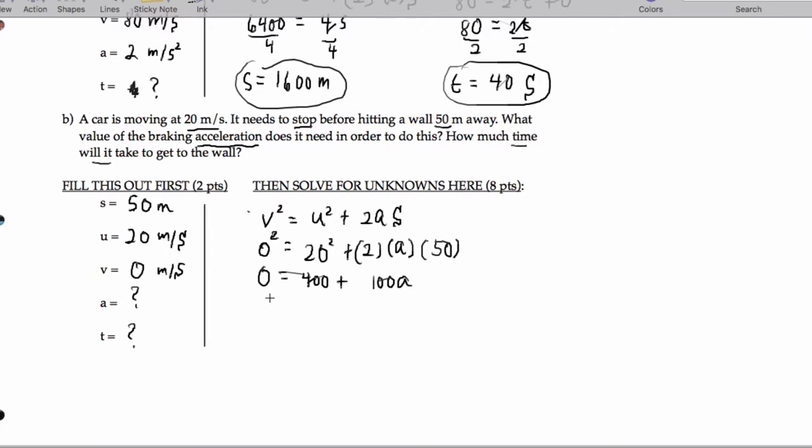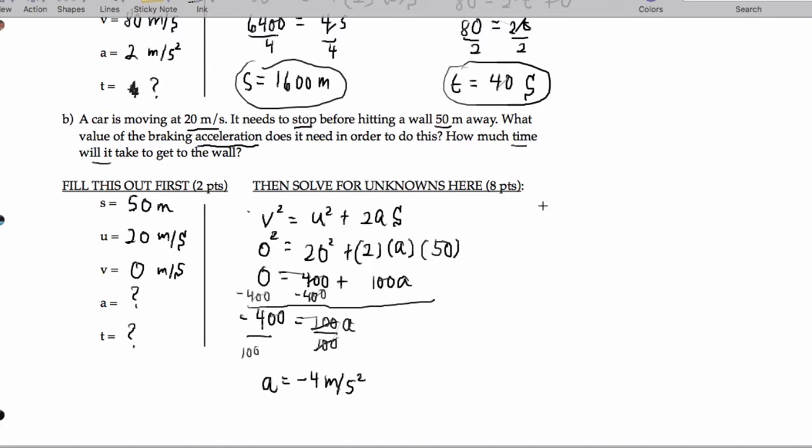So continuing with this, negative 400 taken from both sides equals 100a. We'll divide both sides by 100. And so that's going to give us an acceleration of negative 4 meters per second squared.